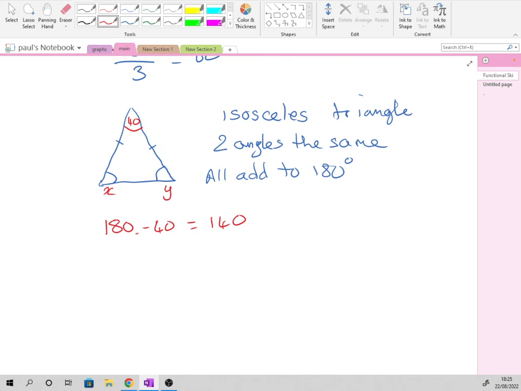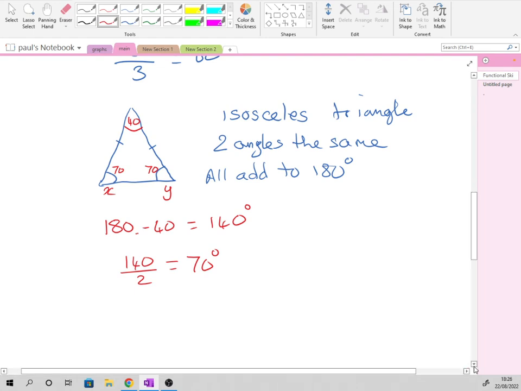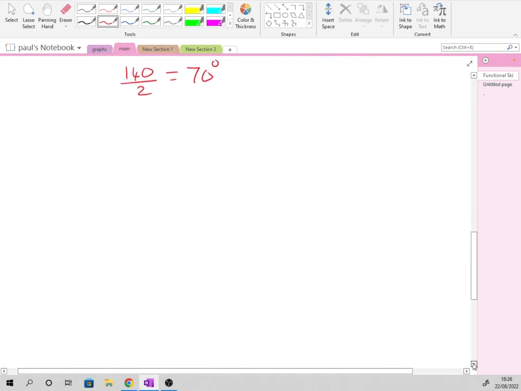So X and Y together make 140 degrees. They are the same as each other. So 140 divided by 2, 70 degrees is X and 70 degrees is Y. And 70 and 70 and 40 make 180.